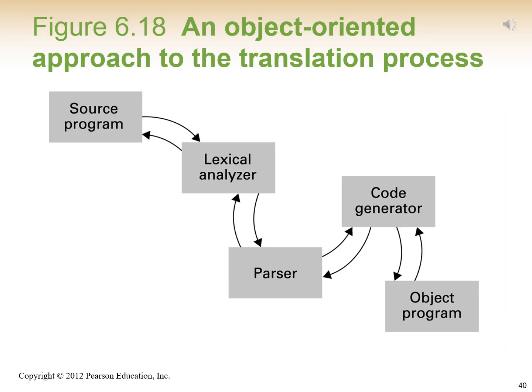The steps of lexical analysis, parsing, and code generation in a translation process are not carried out in a strict sequential order. Instead, these activities are intertwined. The lexical analyzer begins by reading characters from the source program and identifying the first token. It hands this token to the parser. Each time the parser receives a token from the lexical analyzer, it analyzes the grammatical structure being read.